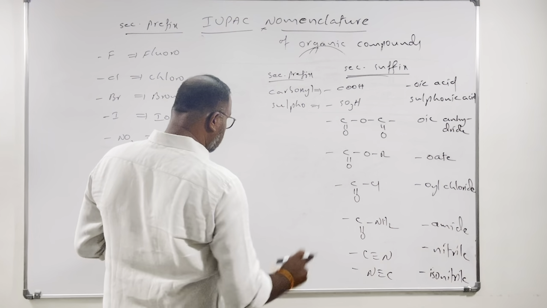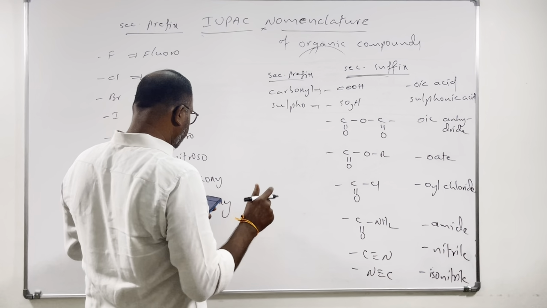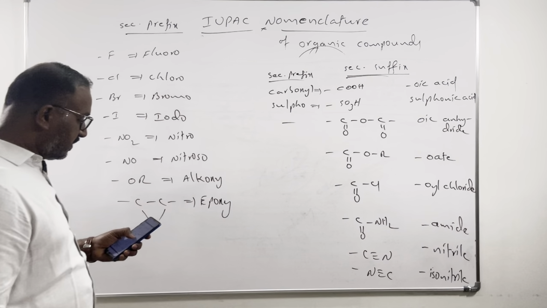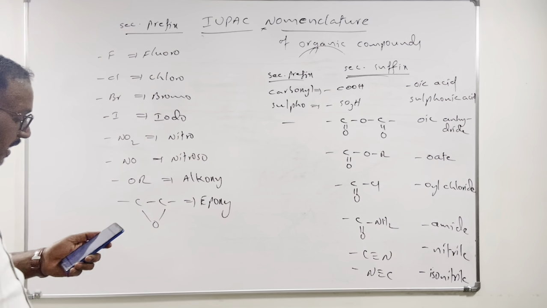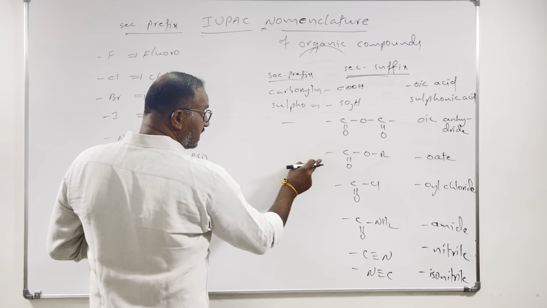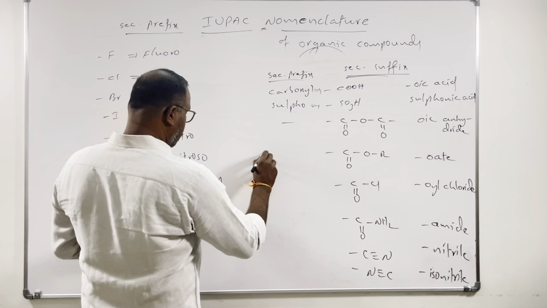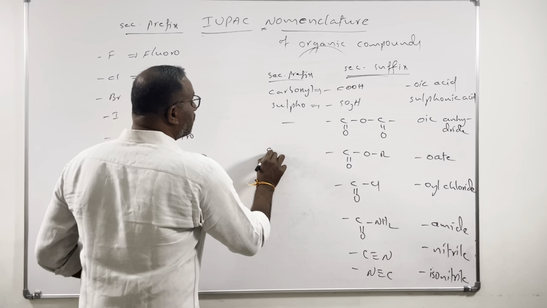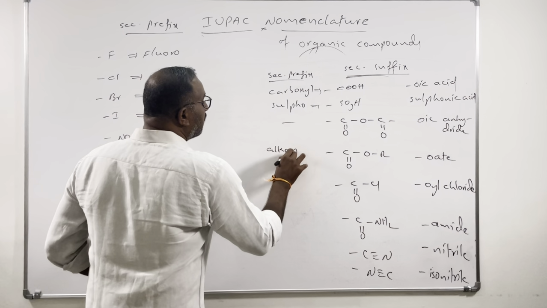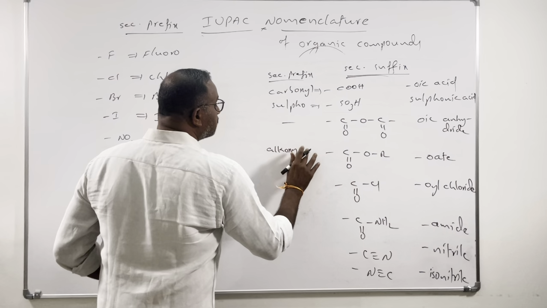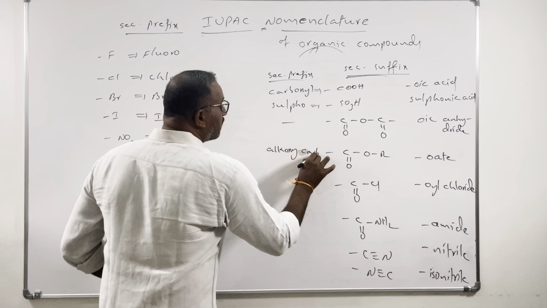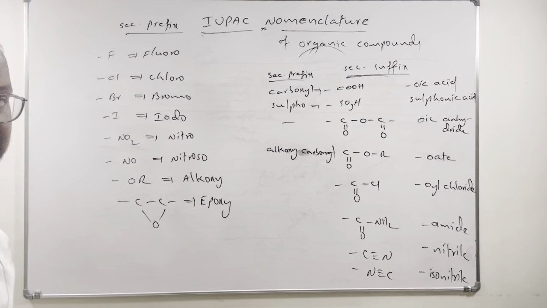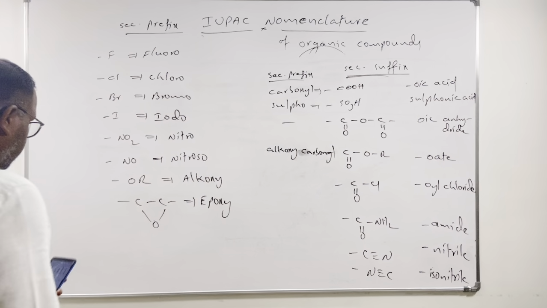And in this case, oic anhydride: if it is secondary prefix, there is no secondary prefix name for anhydride. And for ester, if it is secondary prefix, we say alkoxycarbonyl. Alkoxycarbonyl should be there, if it is secondary prefix.